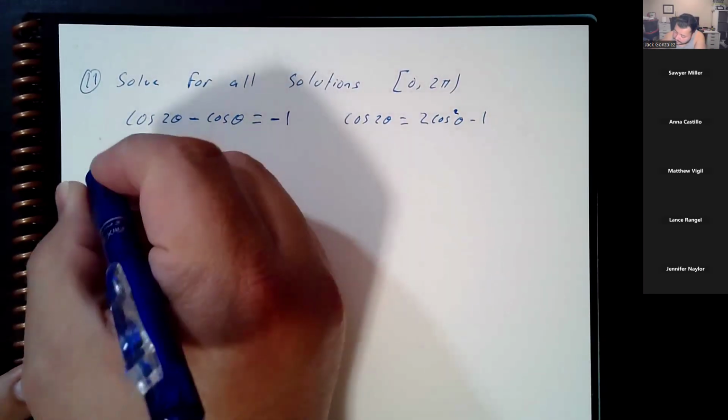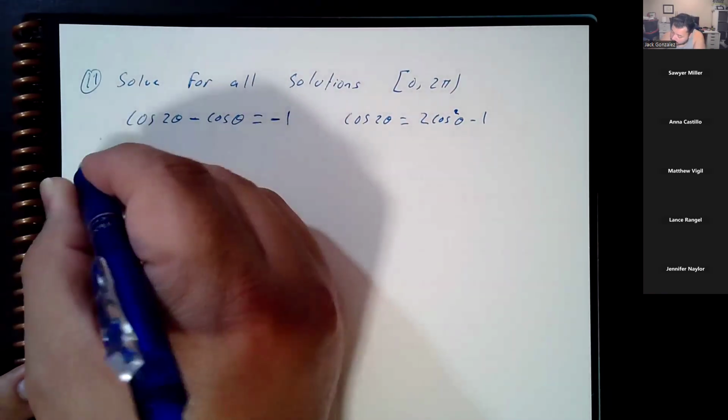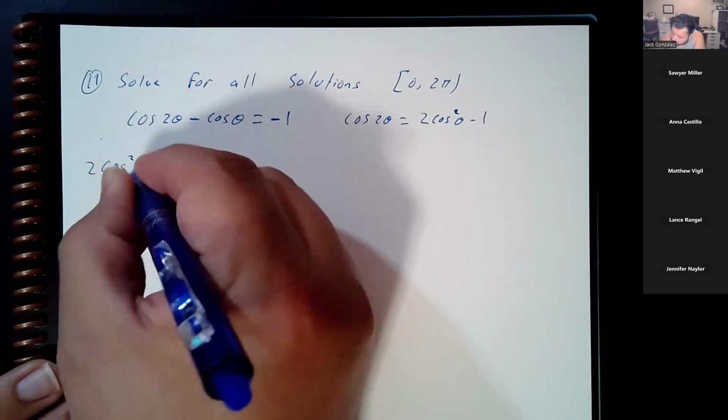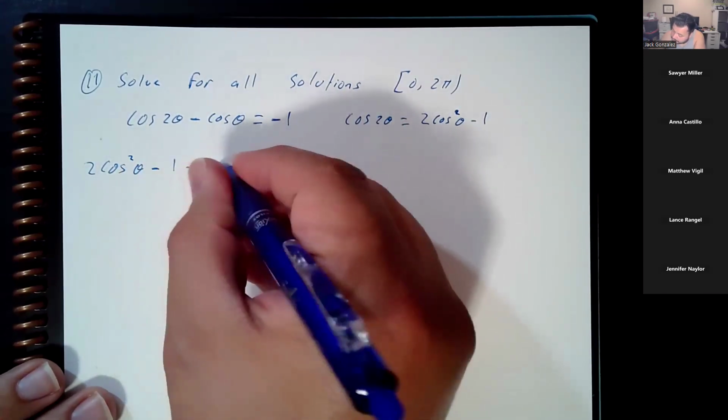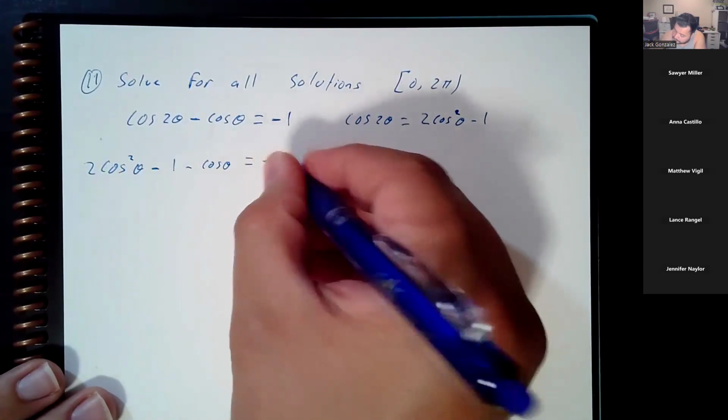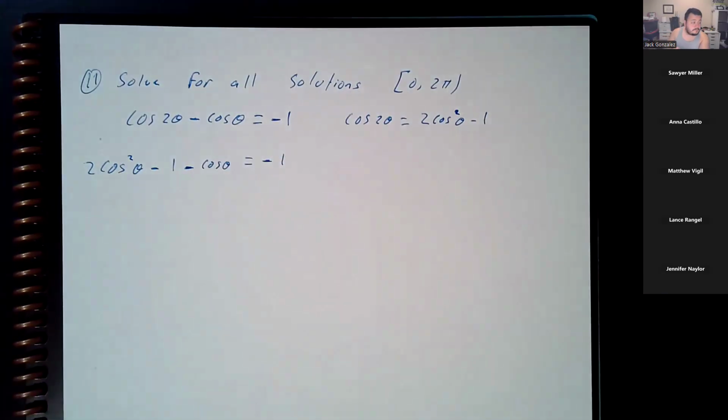All right, so I'm going to replace this: 2 cosine squared theta minus 1 minus cosine. And then solve for cosine.